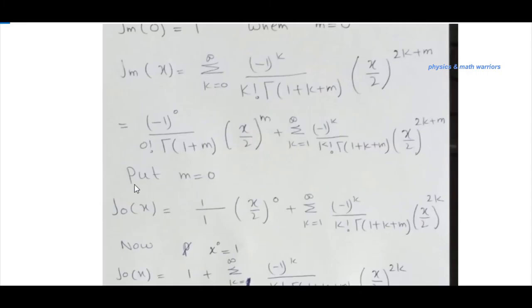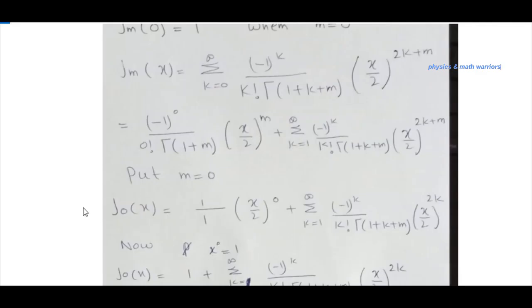Now put m equal to 0, so the above equation becomes J 0 of x is equal to 1 times x over 2 raised to power 0, plus the summation k equal to 1 to infinity of minus 1 raised to power k over k factorial gamma of 1 plus k plus m, times x over 2 raised to power 2k, and x raised to power 0 is equal to 1.